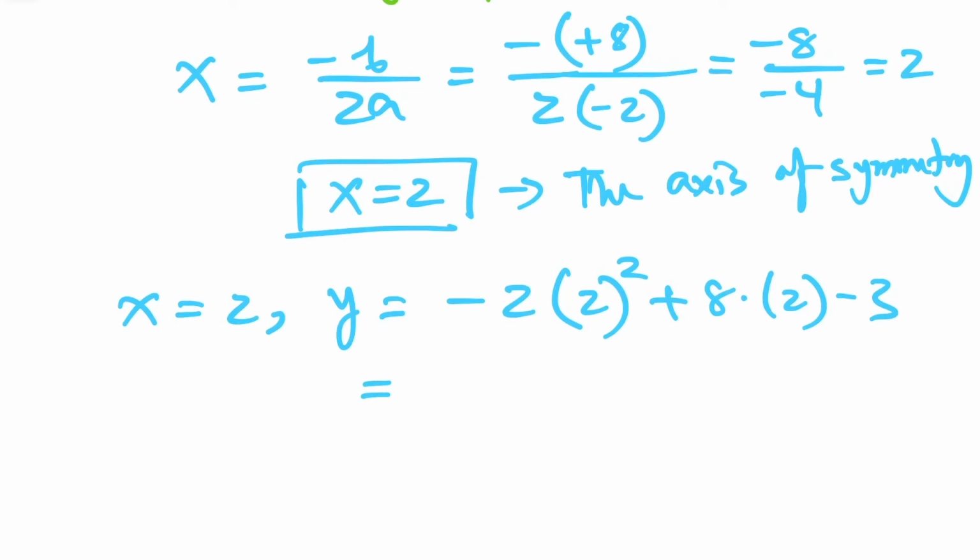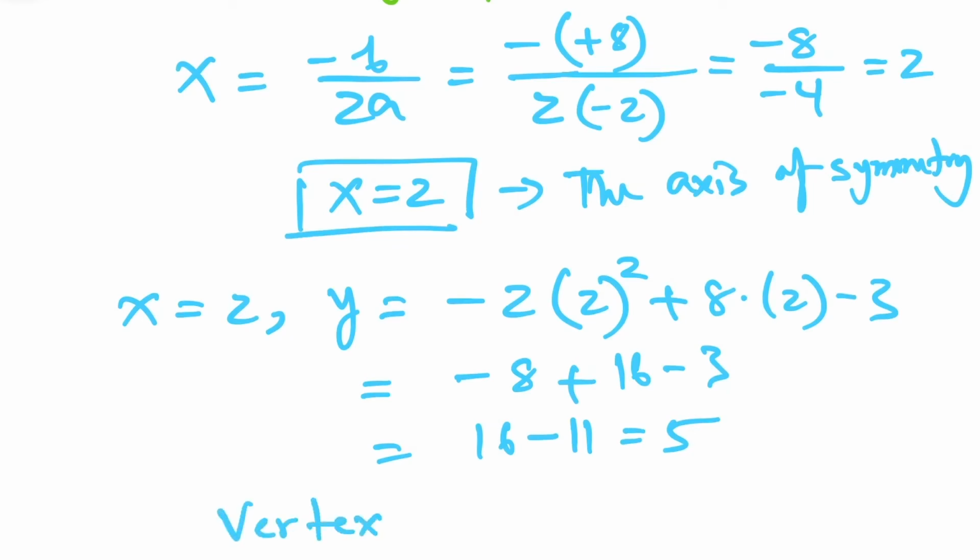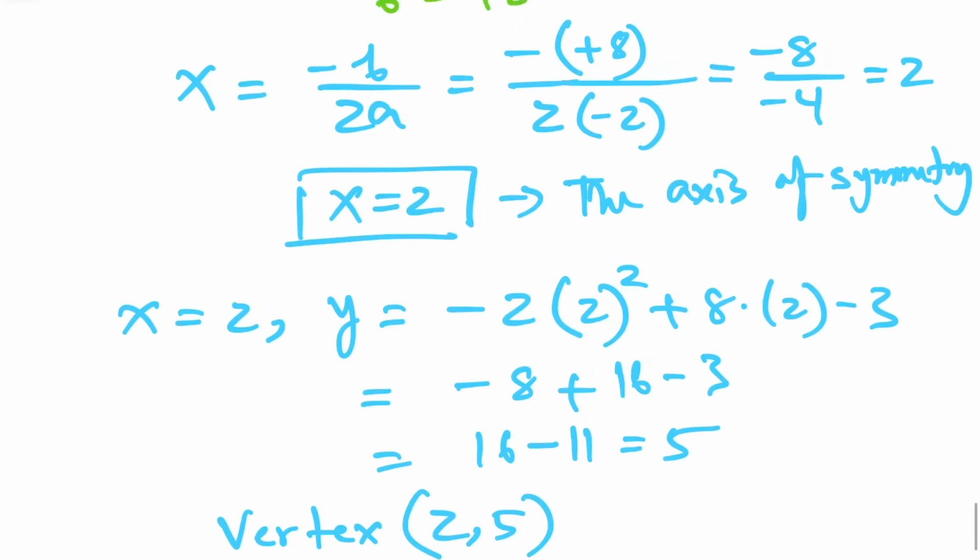You can also use a TI-84 calculator if you don't want to do this calculation manually. Let's see, negative 2 times 4 is negative 8, plus 16, minus 3. So that is 16 minus 11, which is equal to 5. So the vertex will be equal to (2, 5).